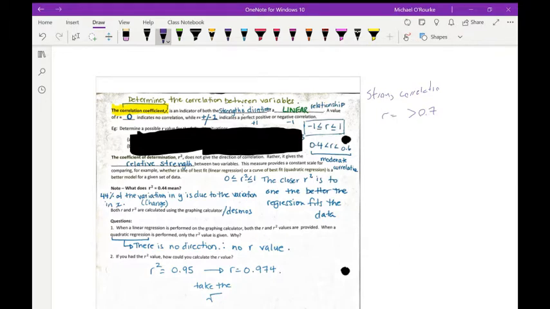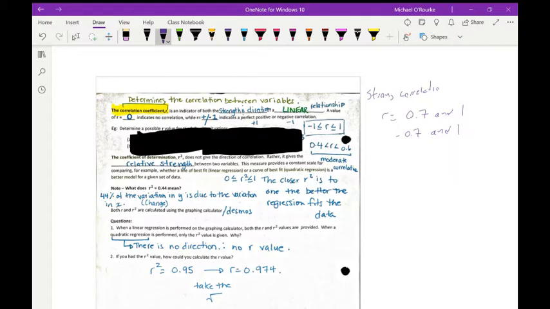Okay. I'll just write this. The R value will be between 0.7 and 1, and negative 0.7 and negative 1. So that's for a strong correlation.